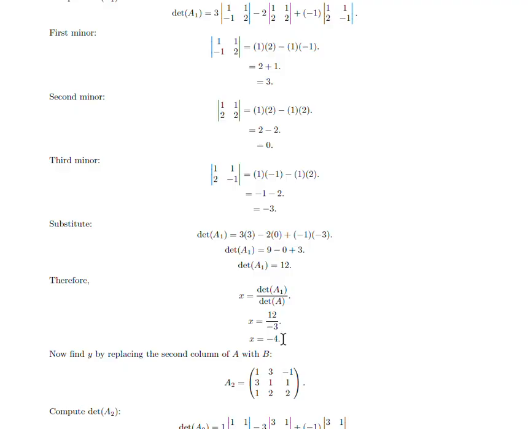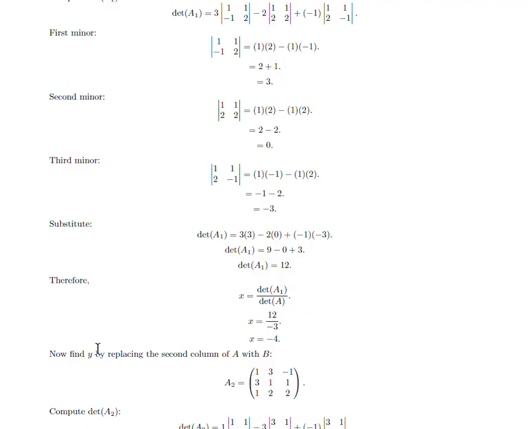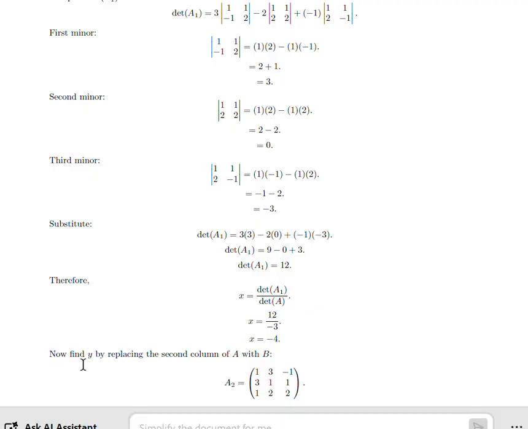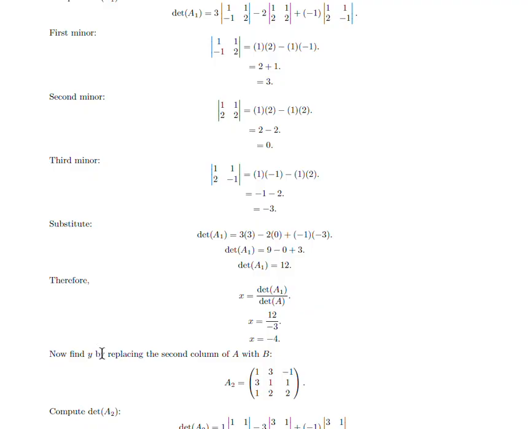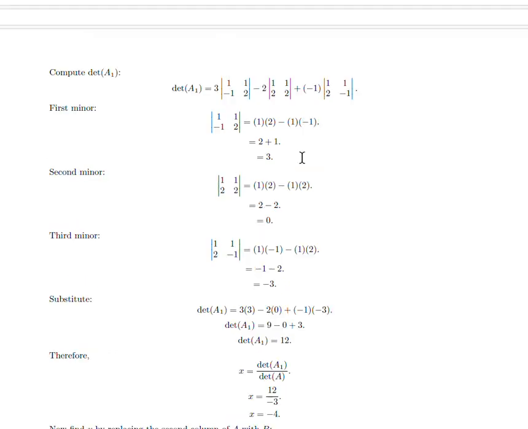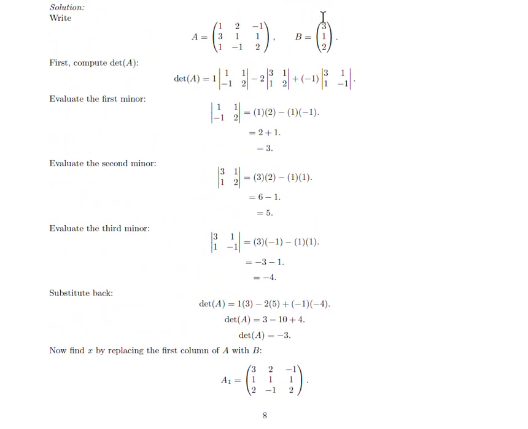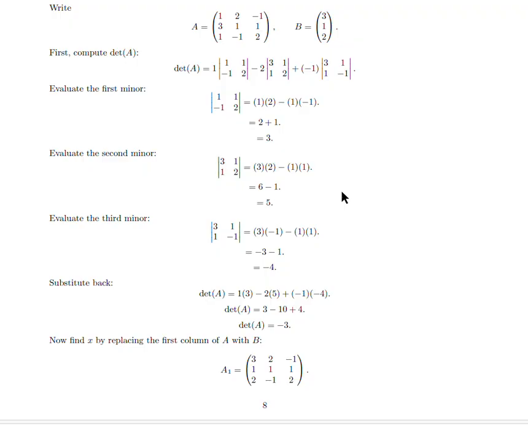X is minus 4. A2, now we work with our second variable, which is y, right? Variable 2 is y. It works with A2. A2 now will take B. Remember, B is the matrix that has entries 3 1 2.